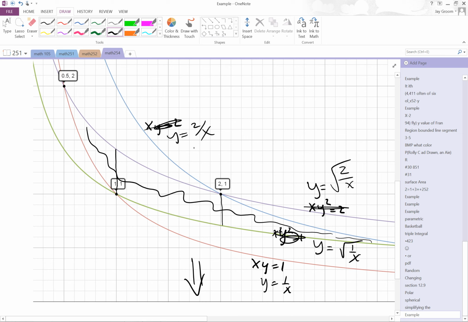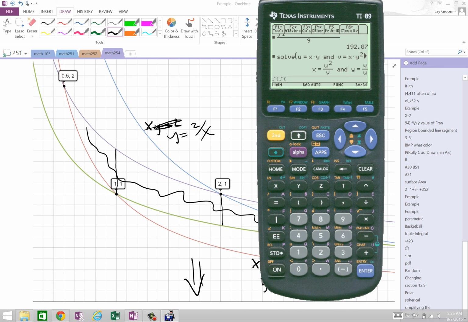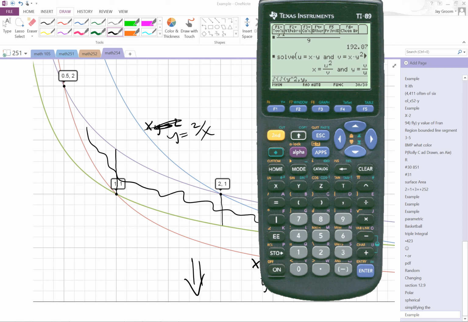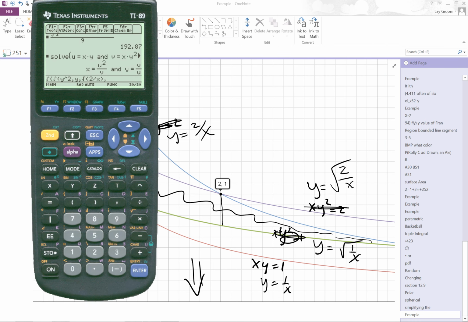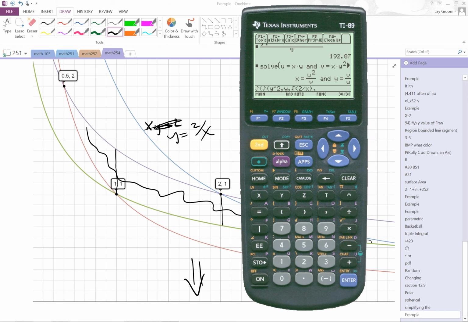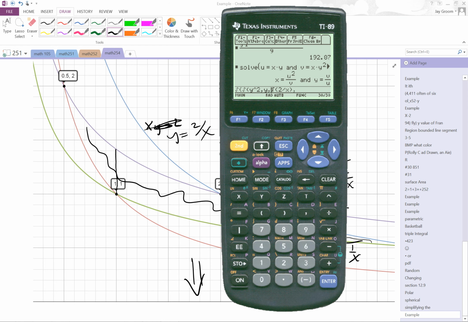There we go. So I'm going to do the double integral of x y squared with respect to y, from the bottom function, which is the red function, 1 over x, up to the purple function, which is square root of 2 over x.